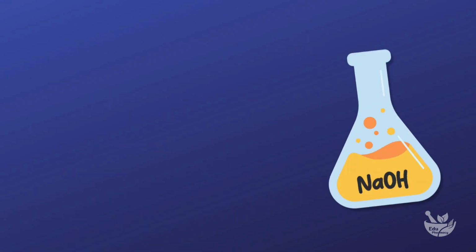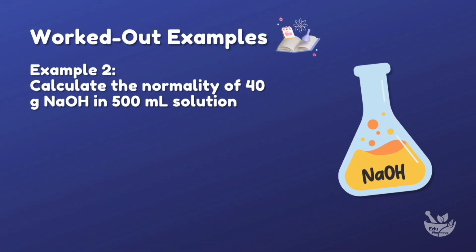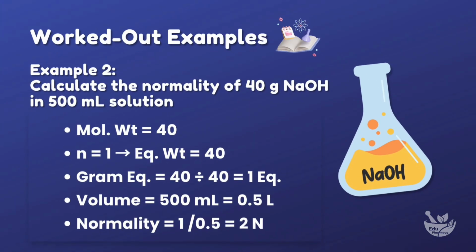Example 2. Calculate the normality of 40 grams of sodium hydroxide in 500 milliliters of solution. The molecular weight of sodium hydroxide is 40. Its N factor is 1, so the equivalent weight is 40.